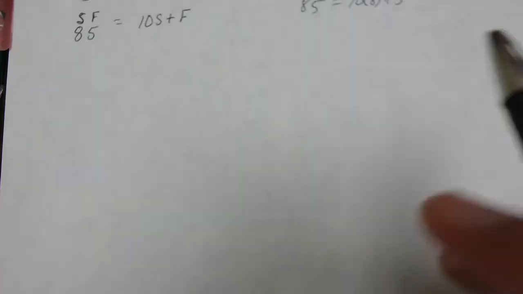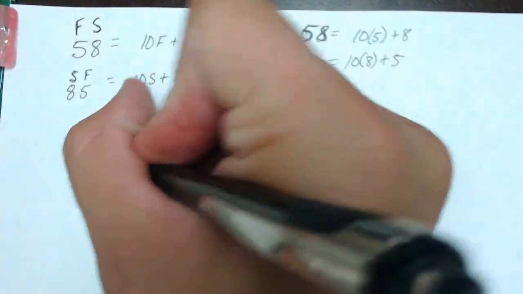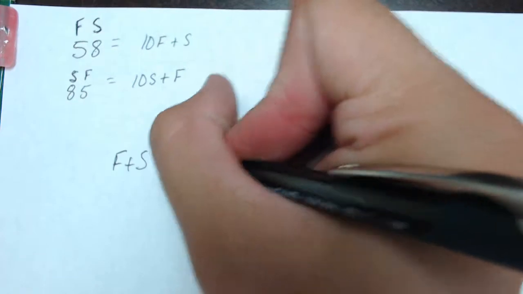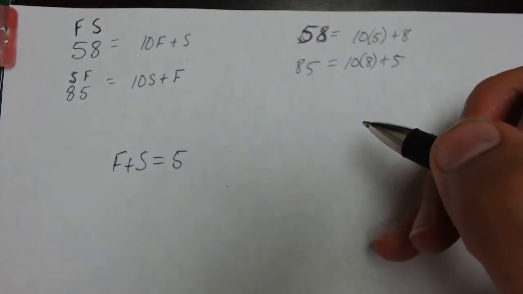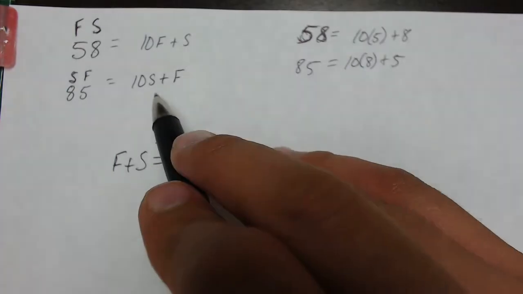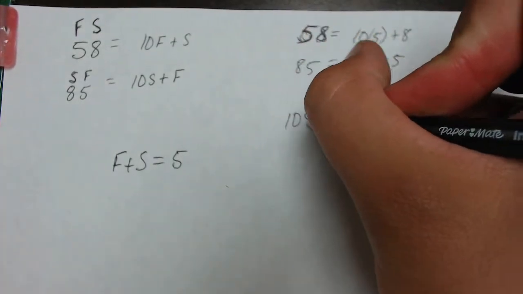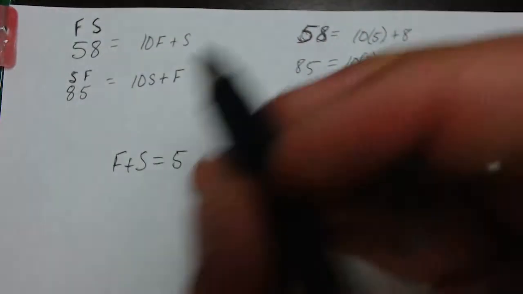They tell us the sum of the digits of the number is 5. So if the digits are first and second, I know that if I add the first to the second, I'm going to get a value of 5. That's equation number 1. Then they tell us that when the digits are reversed, I've got 10 times the second plus the first.